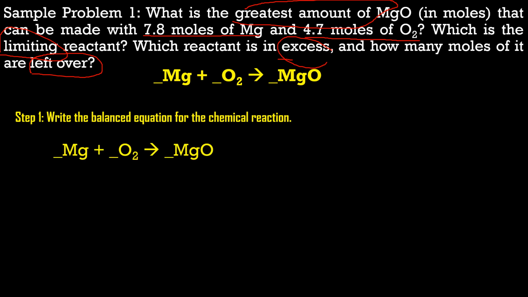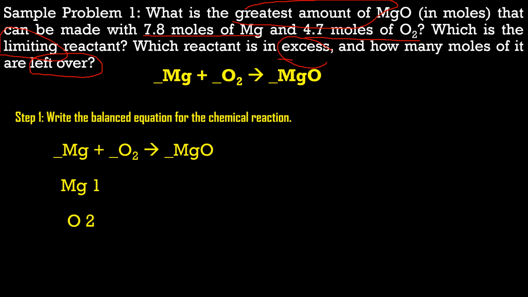So we have here the unbalanced chemical reaction. First thing that we should do is to list the elements involved in the reaction and identify the number of atoms present in each element. So we have magnesium, which is 1, and oxygen, which is 2. These two elements are under the reactant side.